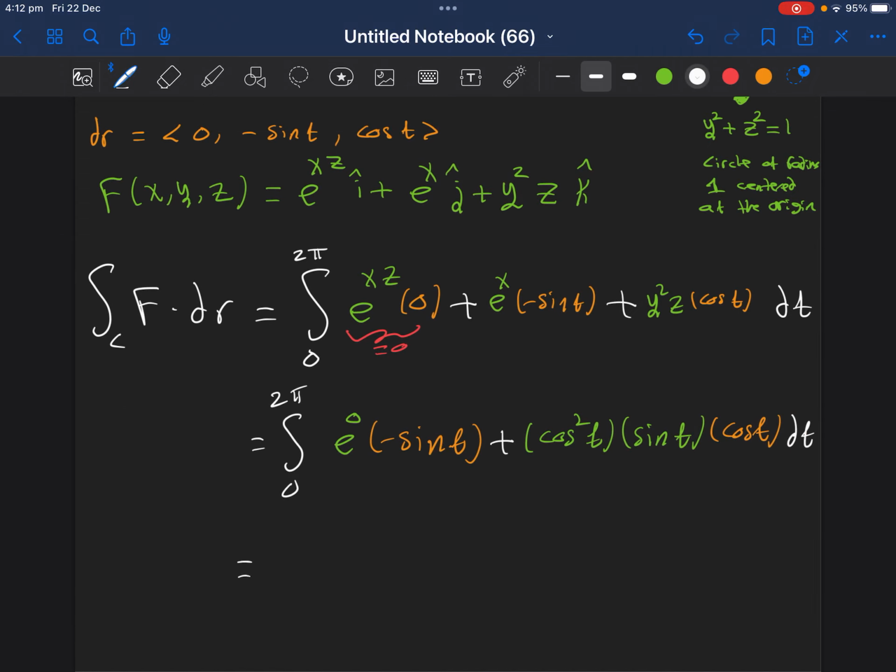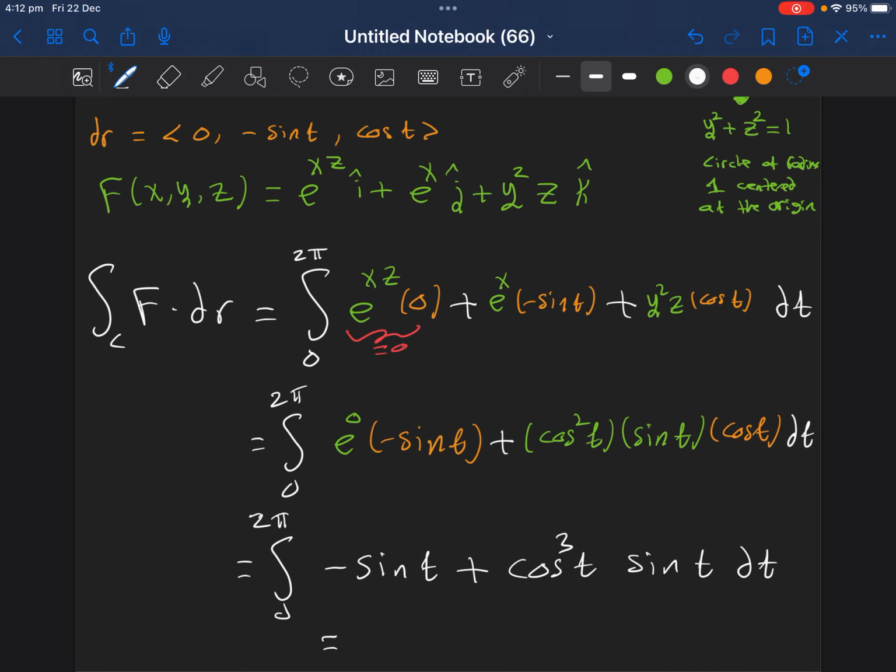So the integral from 0 to 2 pi is the integral of negative sine t plus cosine cubed t sine t dt.